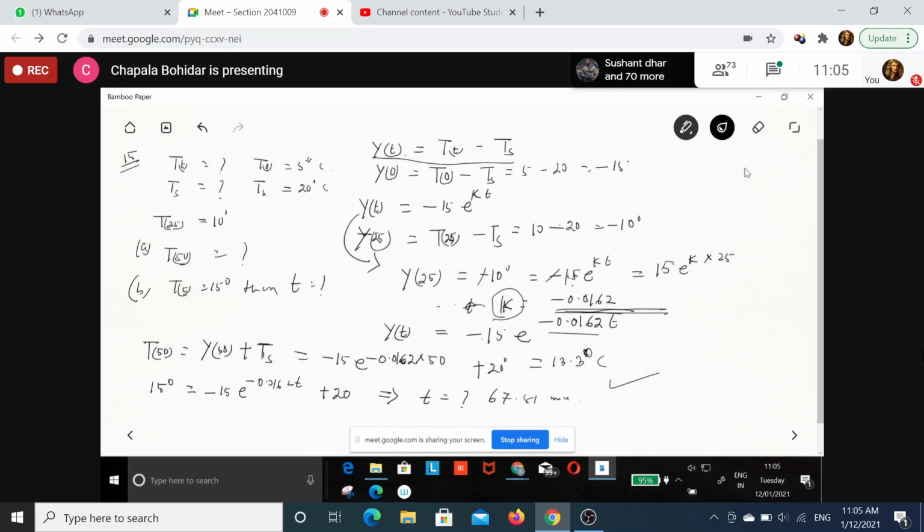The total value I got here is 67.74. But you are getting 81, so no problem if you do like this. But try to put the value of k totally and solve it.